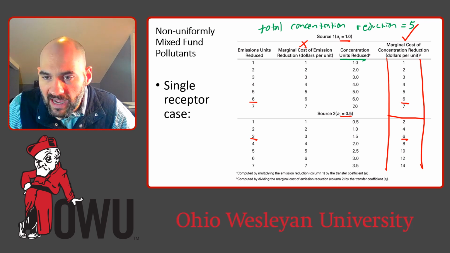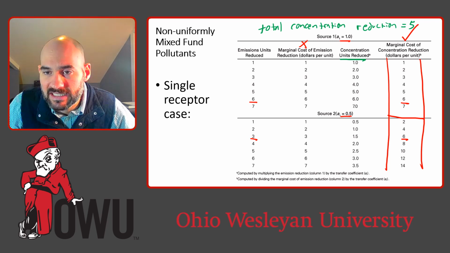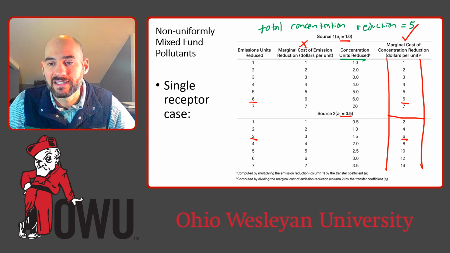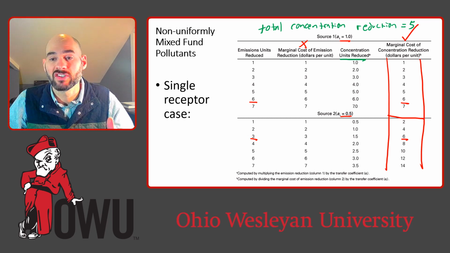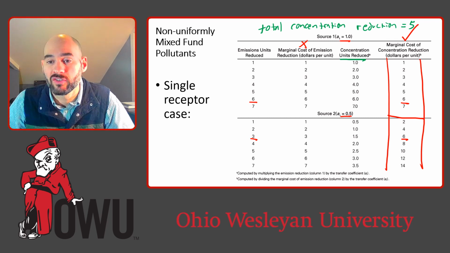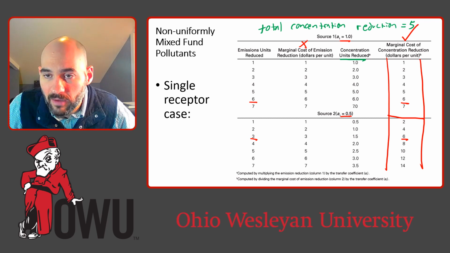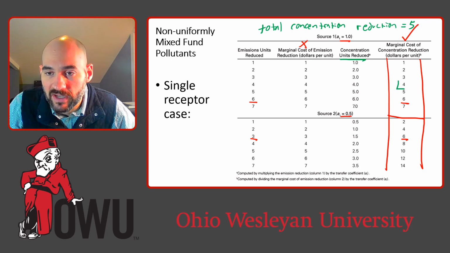Well, if we're looking at what the total amount of concentration reduction would be when the marginal cost equals 6 for both firms, then we have reduced 6 units from firm 1, and we've reduced 1.5 from firm 2, so that's too much. What about when the marginal cost of concentration reduction is 4?